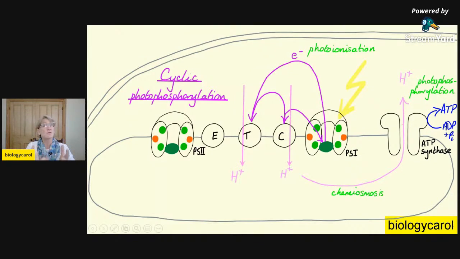So photosynthesizing protoctists may only use cyclic photophosphorylation to produce ATP.